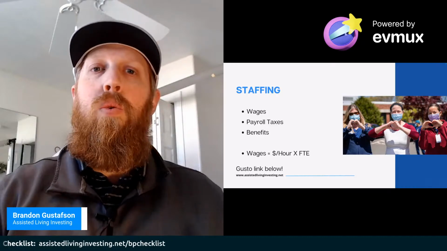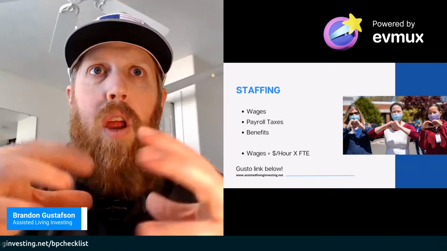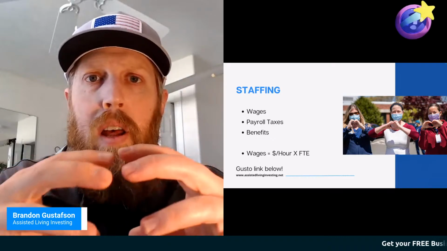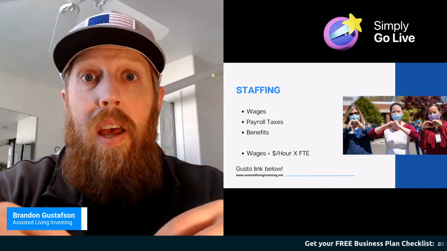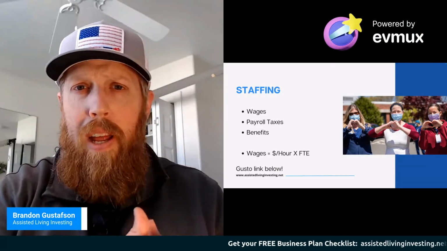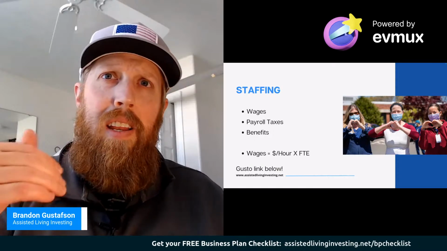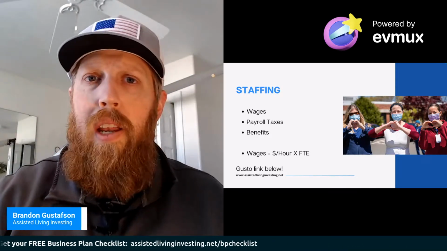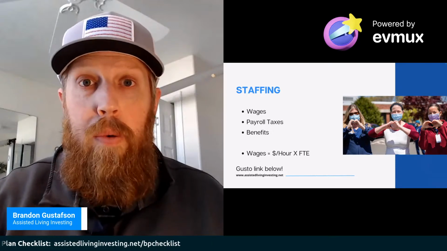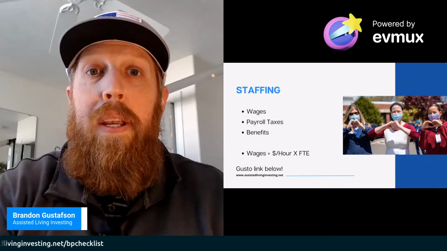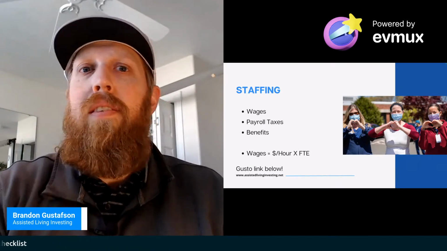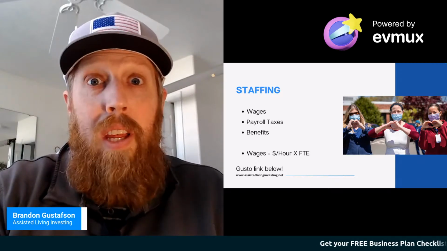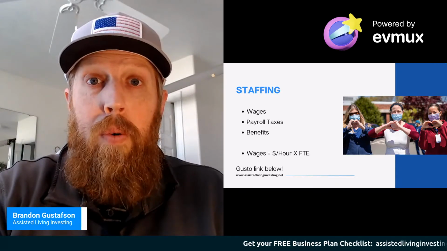When you're building out a method of figuring out how many staff you need, you're going to track that. So if you build out a calendar that says I need X amount of staff for these shifts, and you come out and say I need 5 caregivers to care for my residents, and I'm going to pay them each $15 an hour, for example.